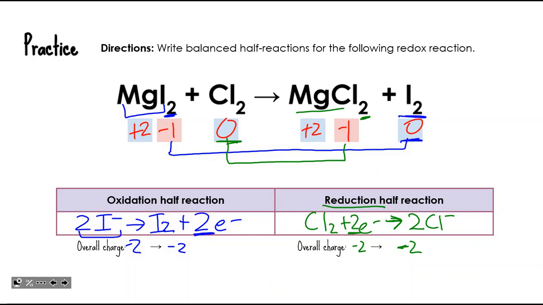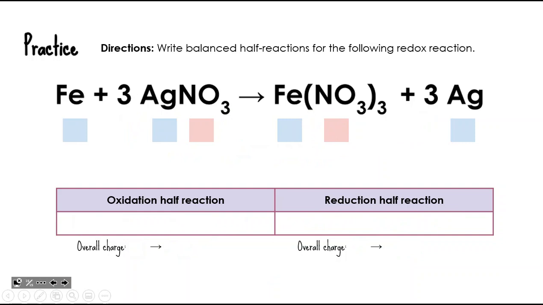A little bit more challenging. Now it's going to get even harder. Let's look at this example. This one's kind of fun. We've got iron is 0. Silver is 0. Nitrate we're going to keep together at -1 because that's what the block up there says.